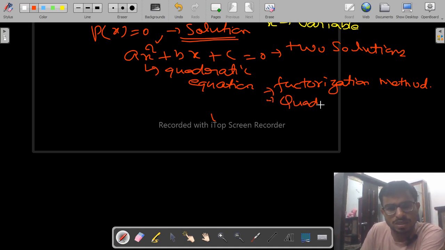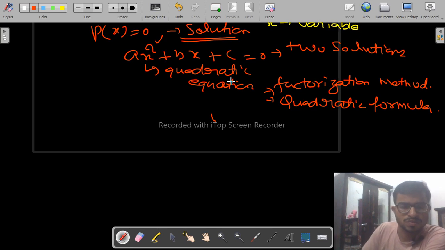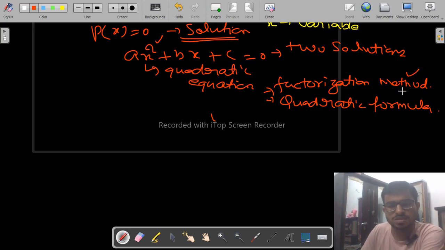The quadratic formula is the most general method, which will give you the solution of a quadratic equation, either real or imaginary. But with the factorization method there are some restrictions: we can find the solution only when it has real solutions.